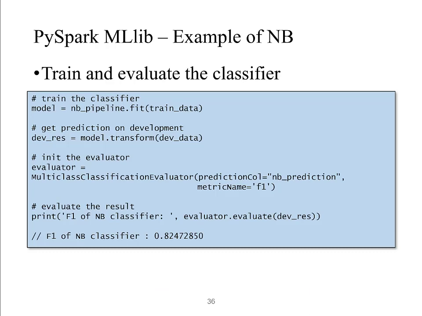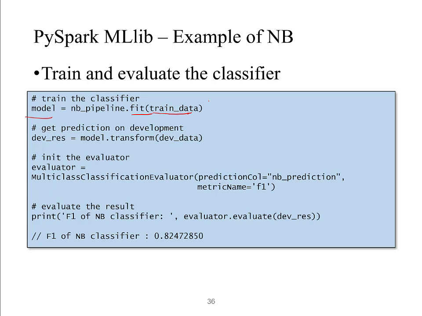Now let's look at the code to train and evaluate the classifier. We have already built the pipeline. We first fit the train data into the pipeline. Then we get the model. In this step, we essentially train the classifier.